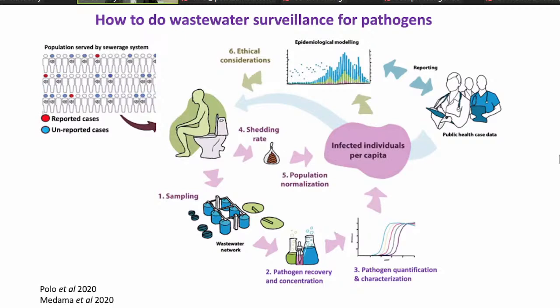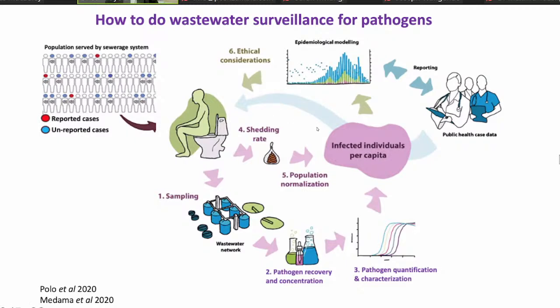When you are analyzing sewage data, there are several things that need to be taken into consideration. We need to look at the shedding rate. We have to normalize the population with the quantities of the pathogens that you generate. And there are also aspects of ethical considerations involved in this.